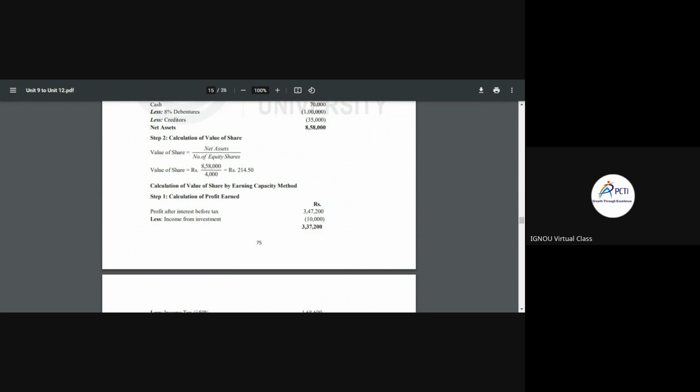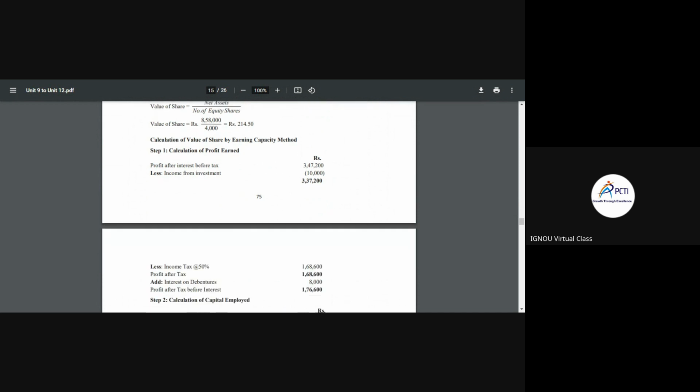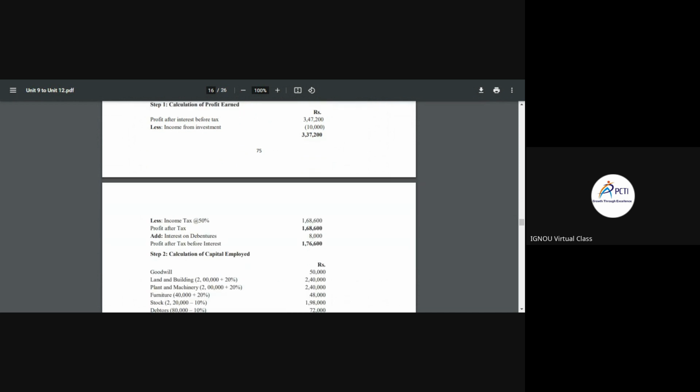Then we have the calculation of value of share by earning capacity method. First, the calculation of profit earned. Profit after interest before tax 3,47,200. Then we deduct income from investment 10,000, we get 3,37,200. Then we deduct income tax 50%, 1,68,600, and we get the profit after tax.